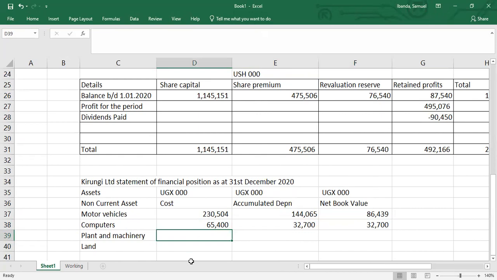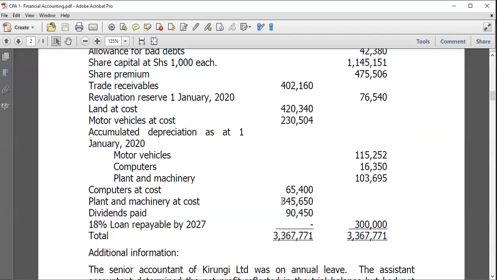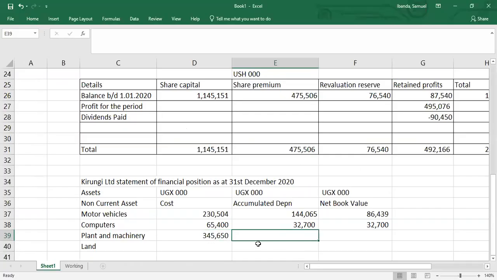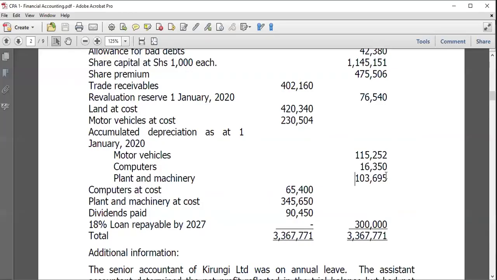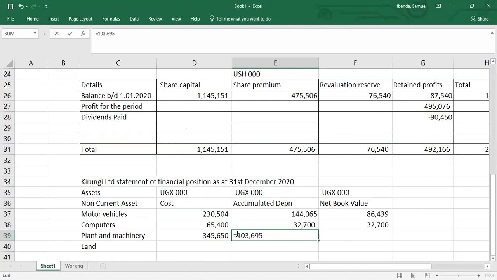So I'll do plant and machinery. For plant and machinery, I'll just come here, look for the cost of plant and machinery, which is this value. I'll take it there and write it accordingly. Then I'll get the accumulated depreciation for this, which is 103, and add the depreciation for the year.